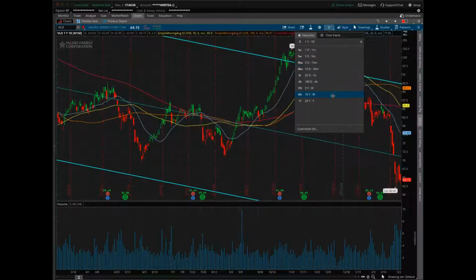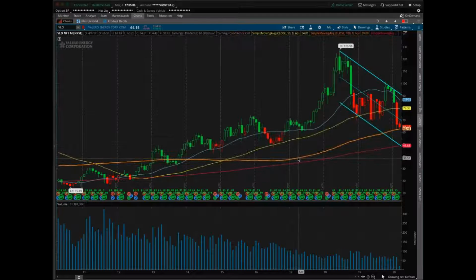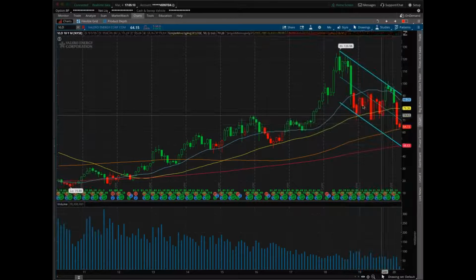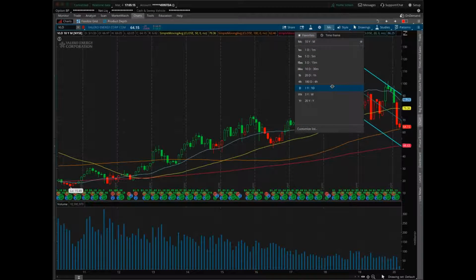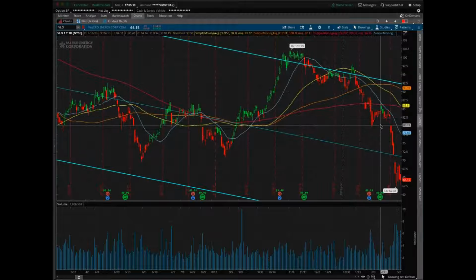So if we go to our monthly, we're going to have the same thing. We're going to have our blue, yellow, orange, red, and then we could see where the stock price is hitting these areas. Let's go back to daily, and we can see that we're underneath all of these moving averages.